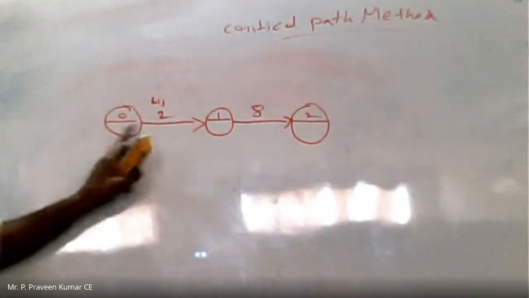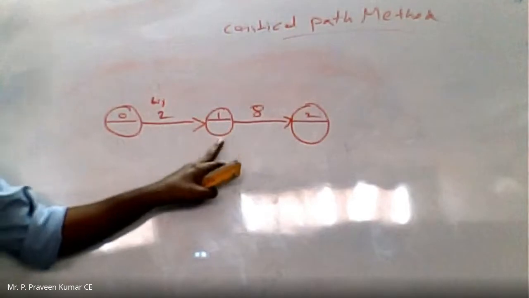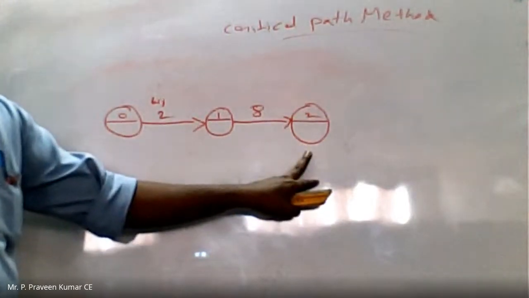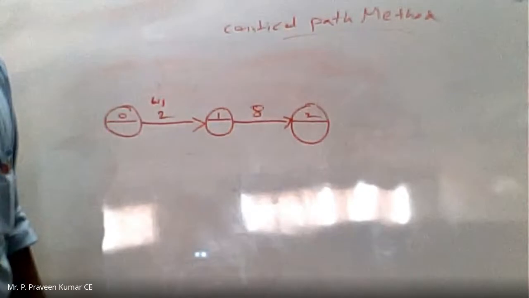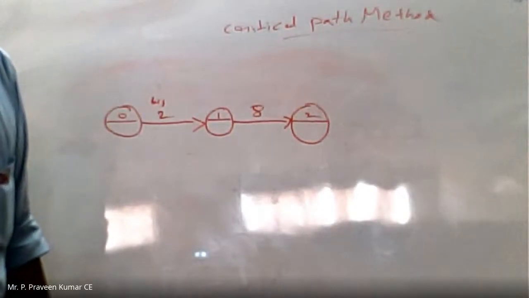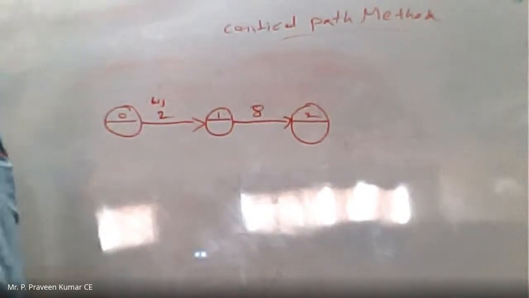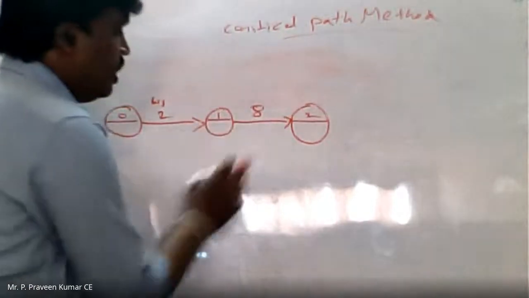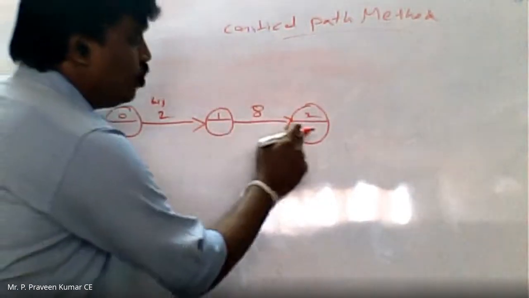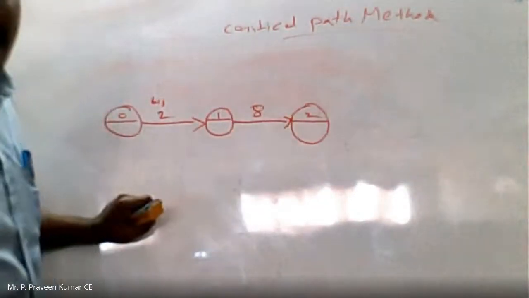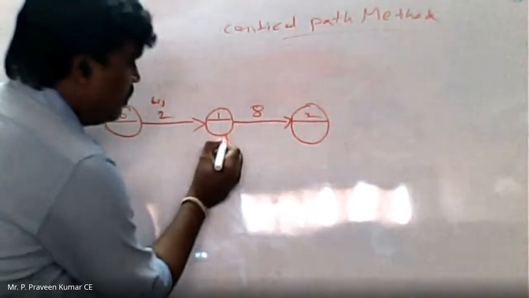Now the activity 0 to 1 is over and the activity 1 to 2 is over. Next, they have given the activity 1 to 3. In this way, I can draw.